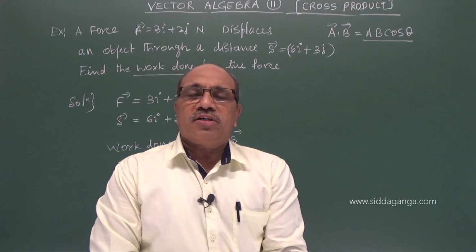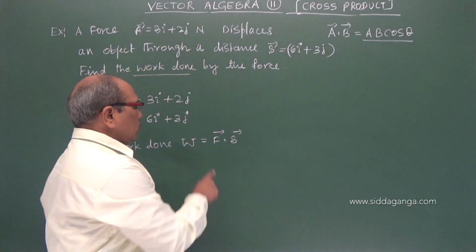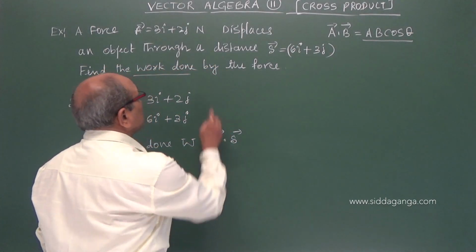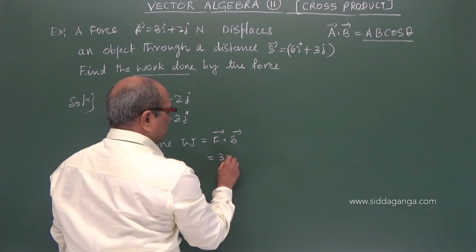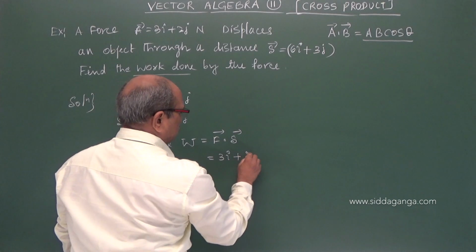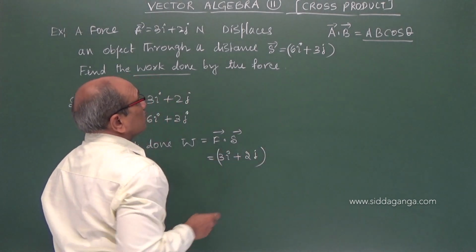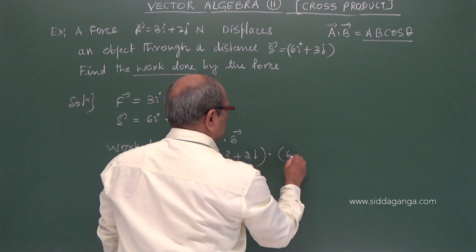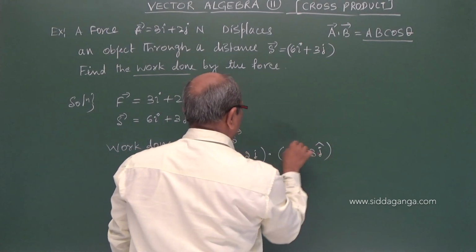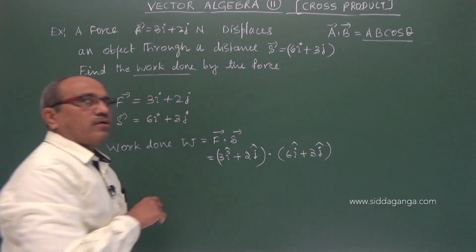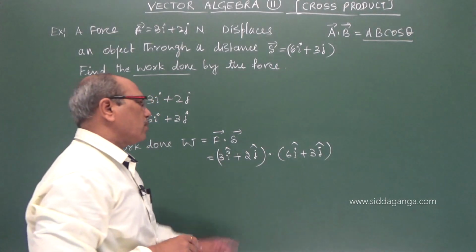As it is a dot product of F and S, now take these quantities: 3i plus 2j dot 6i plus 3j.